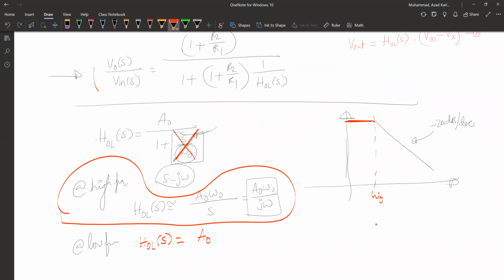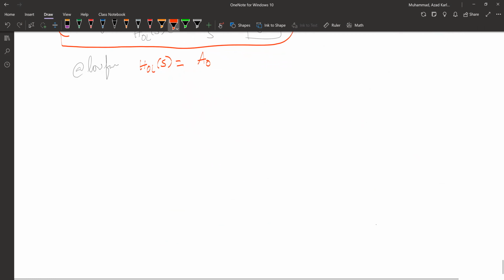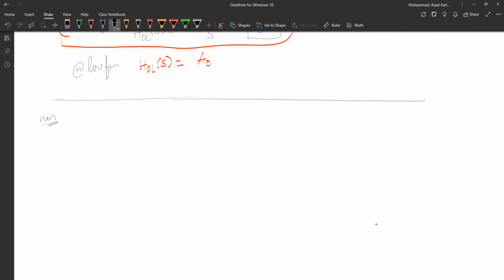All right, now let's take this transfer function and do a little more analysis for the non-inverting amplifier. So this is what we have for the non-inverting amplifier, after doing the non-ideal analysis. We have the input over here, this is R1, this is R2.